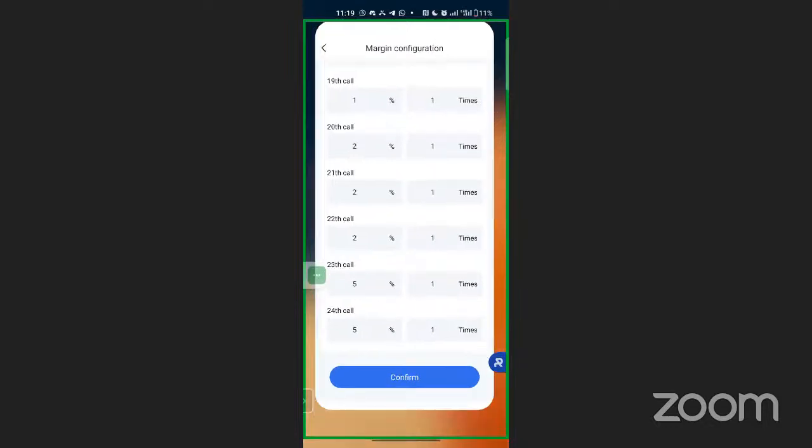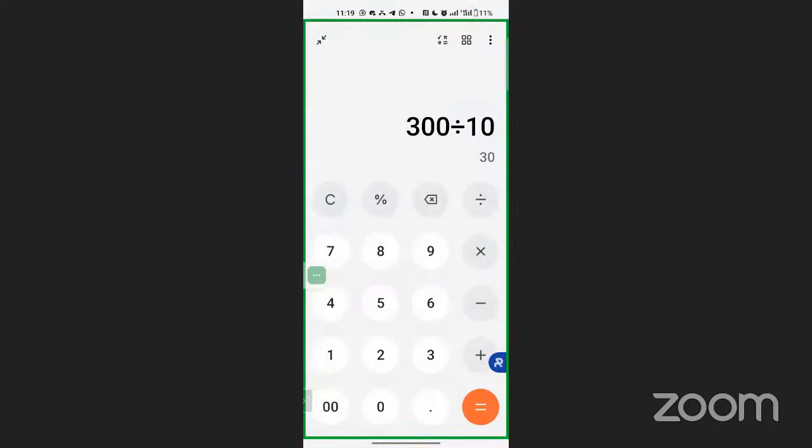So if I do 0.5 times 15 times, it will be 7. Or I do 0.5 times 20 times, it will be 10.